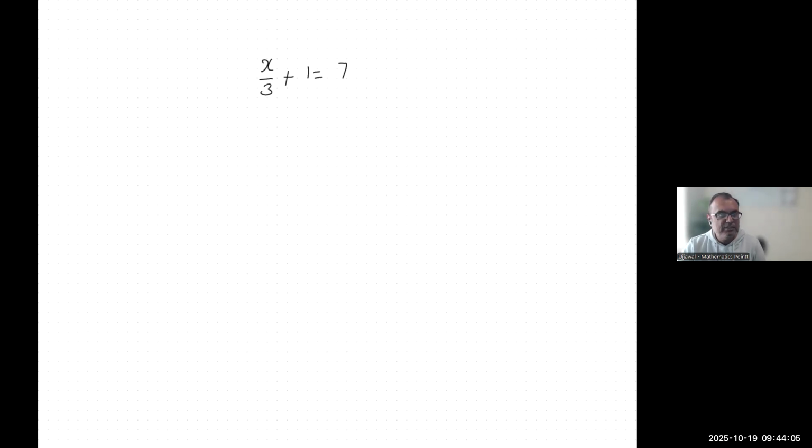Good. Let's try to do it in 2 different ways. I'm just telling you how you can solve one single equation multiple ways. Let's try to get rid of the 1 first. So x over 3 plus 1, and I put it in the bracket and I say take away 1 on both the sides.